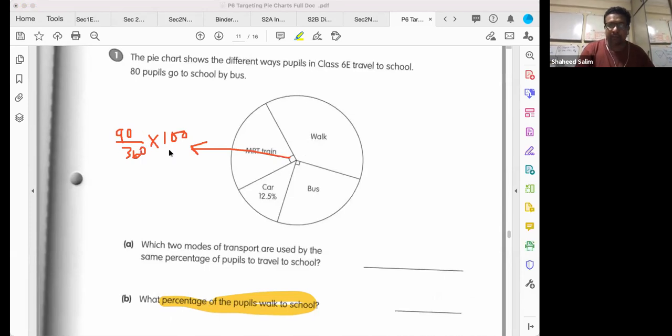I write it as a fraction times 100, I get 25%. Or this, you just times 100, 25%. This is also 25%. So how to find walking? 100% minus 25%, minus 12.5%, you get 37.5%. Very simple.